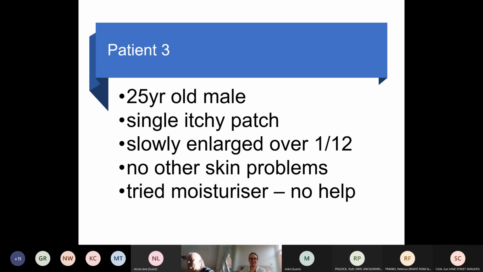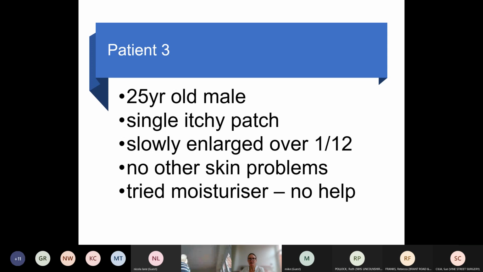No. Anyone else got it? No. Yeah, he's well. So, unwell before? No, been completely well and just developed a rash.